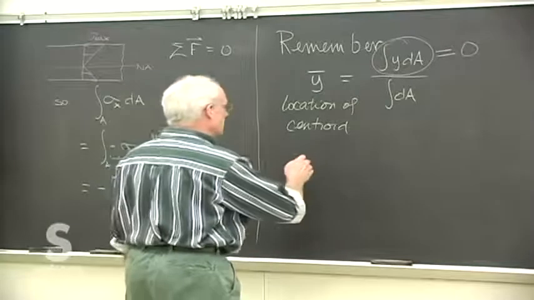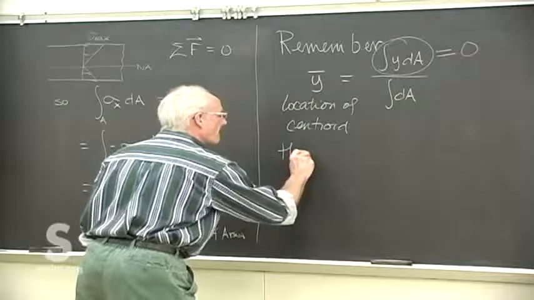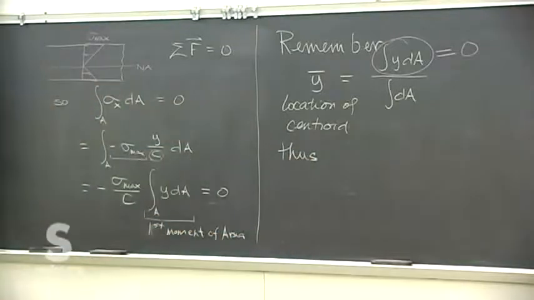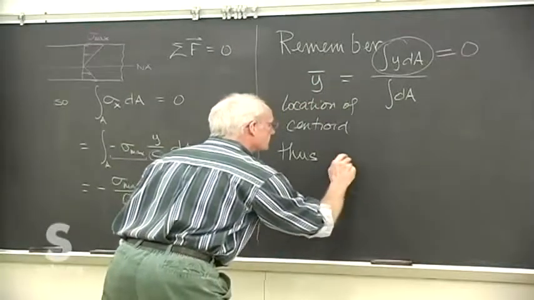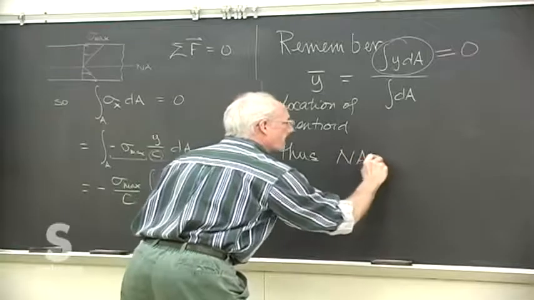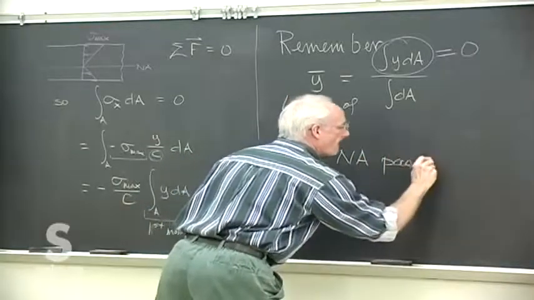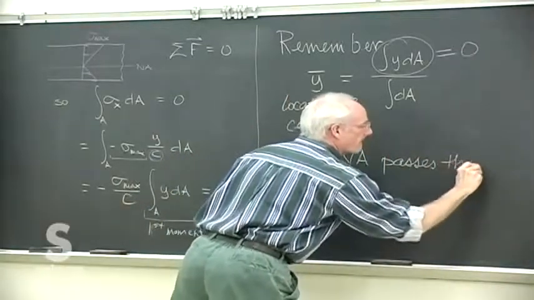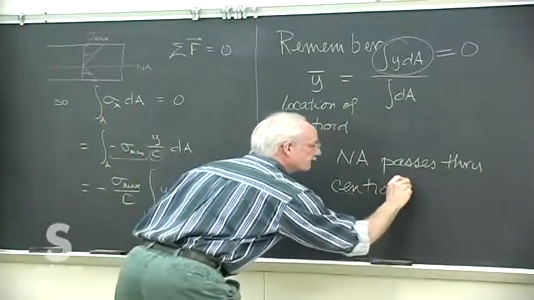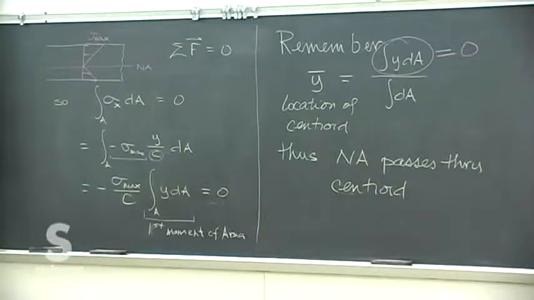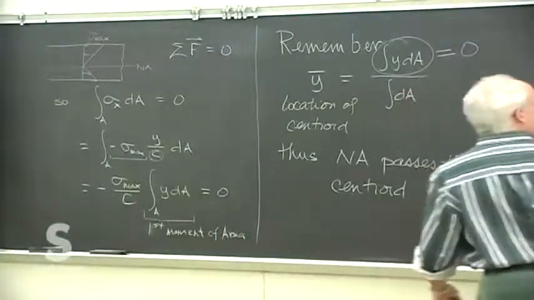This all means then that our neutral axis passes through the centroid of the cross-section. Which we know how to find. We spent some time doing that in the fall. We'll review it real quick today.